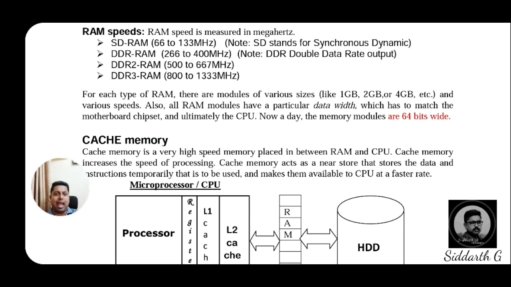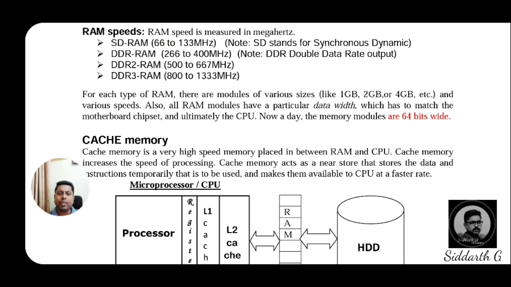Also, all the RAM modules have a particular data width, which must match the motherboard chipset and ultimately the CPU. Nowadays the memory modules are 64 bits wide. Nowadays Windows 10, dear students, supports the 64-bit configuration of the operating system.